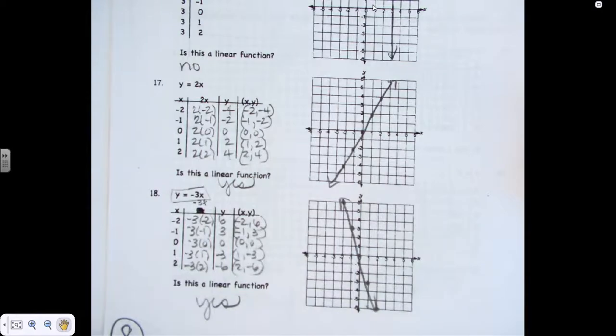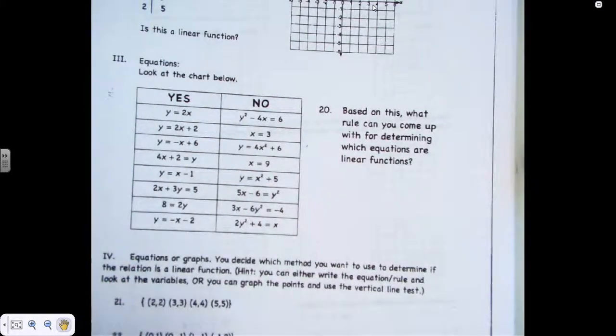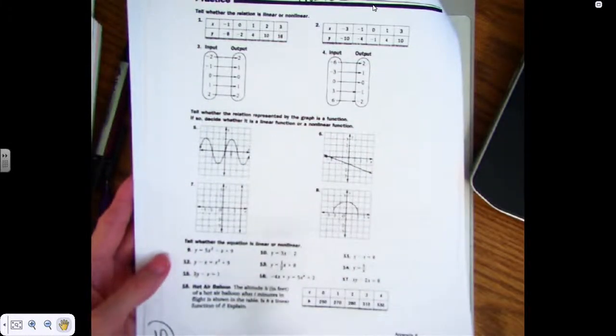Okay, what you are to do now are several things. I want you to finish page 9, which is 19 through 24. And really, nothing has to be done right here because we talked about this yesterday. So really, you're doing 19 and then 21 through 24. Then turn the page, and you're going to do page 10, following the directions.